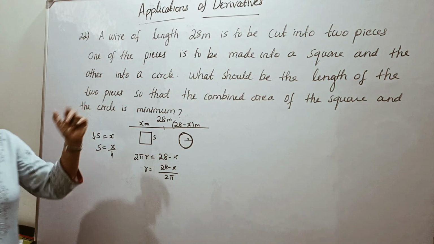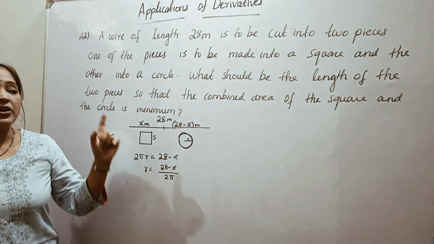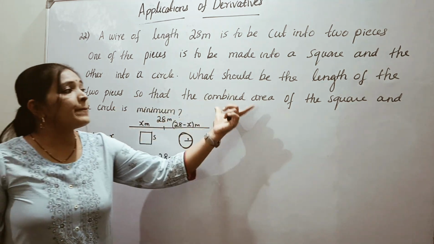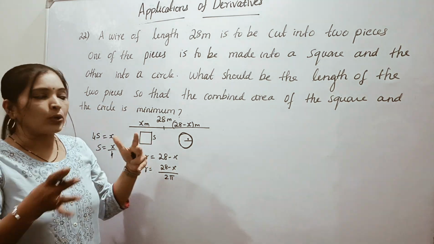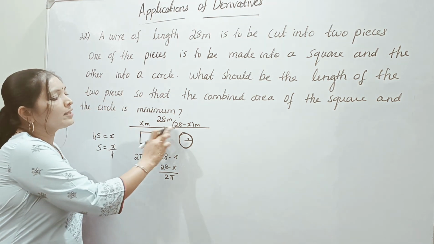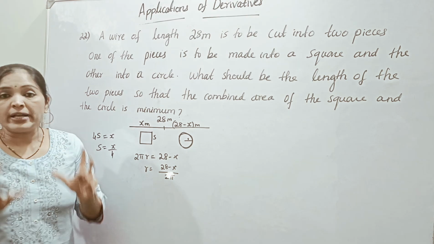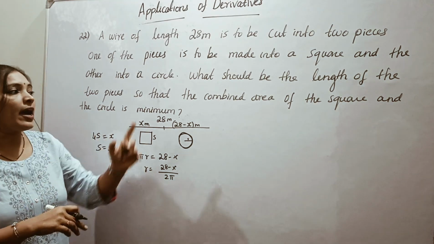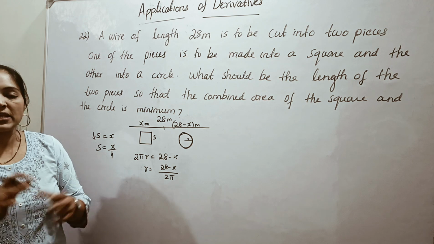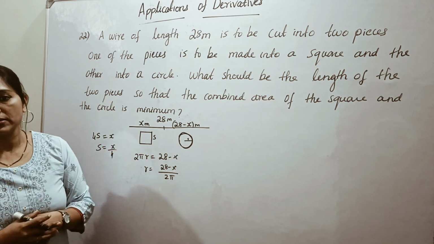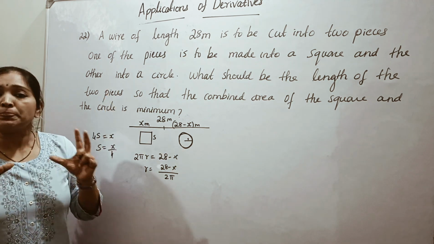Now what is our function? Our function is the combined area of the square and the circle, which should be minimum. We have to find the lengths of these wires when the combined area, that is the sum of the areas of the square and circle, is minimum.